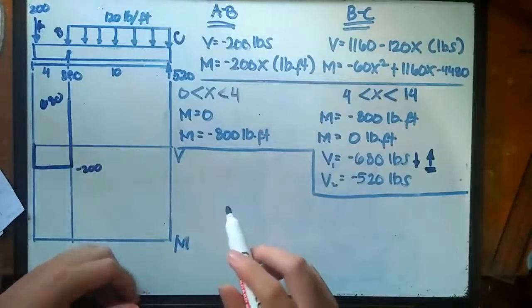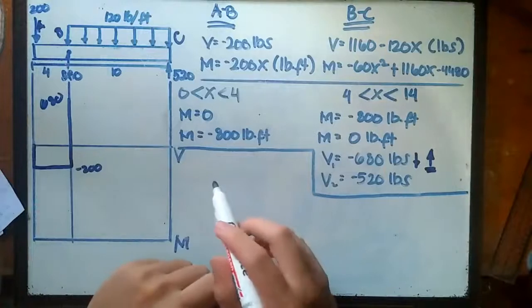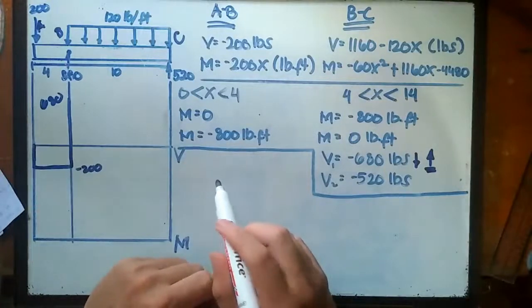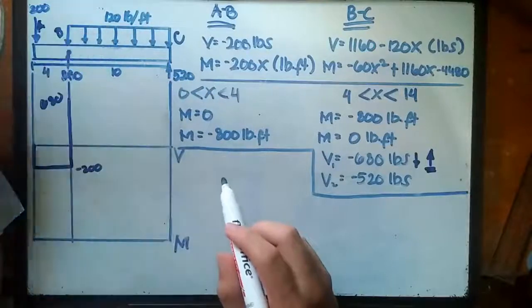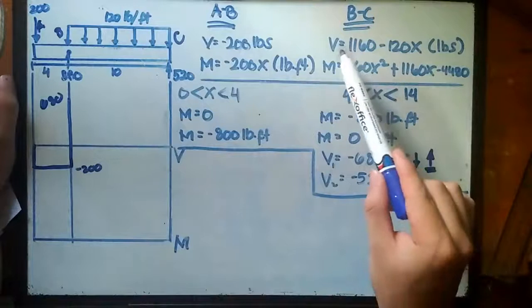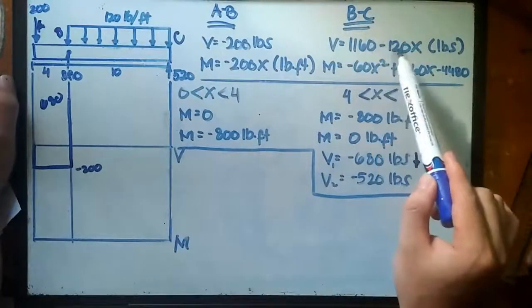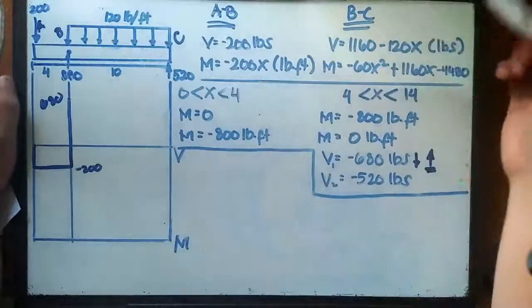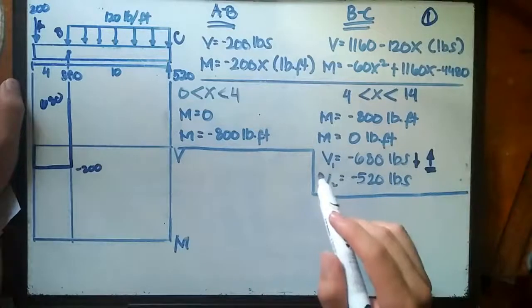This one is 680. The next step is B to C. Since we have this uniformly distributed load, let's check the shear formula for B to C, which is 1160 minus 120x. The degree of power for this equation is 1, which means it is linear.